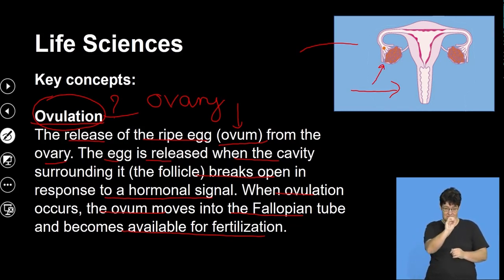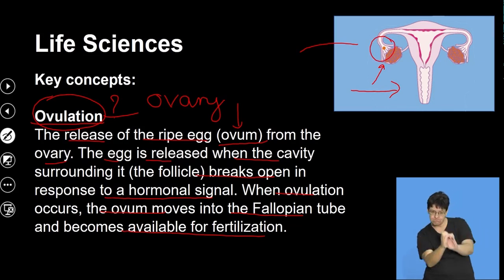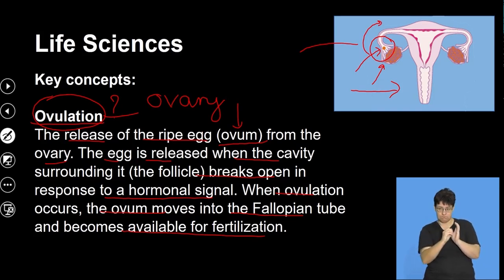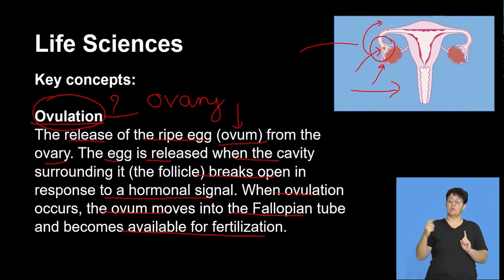We can also zoom in on the release of an egg. This release of an egg from the ovary is referred to as ovulation. The egg now travels down the fallopian tube in anticipation of a sperm cell that might approach. That process of releasing the egg into the fallopian tube is called ovulation.